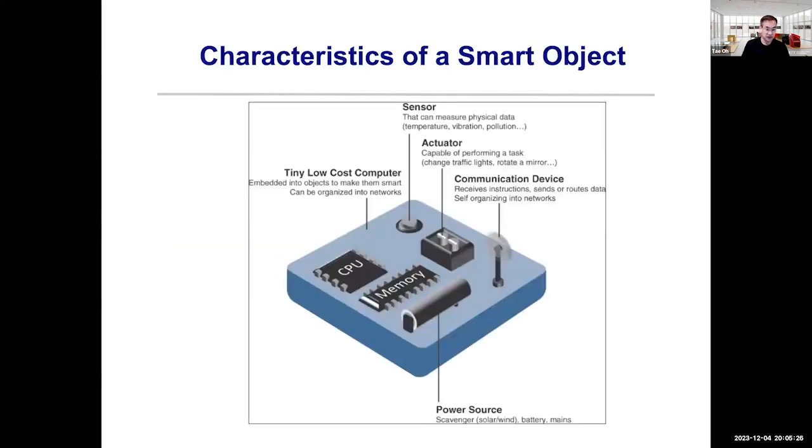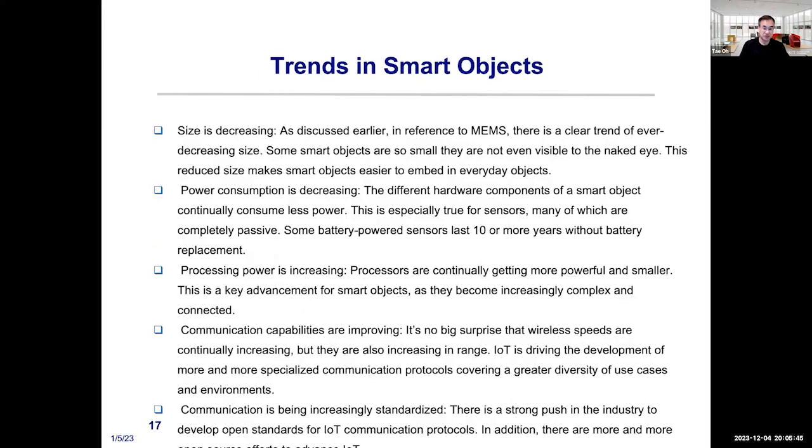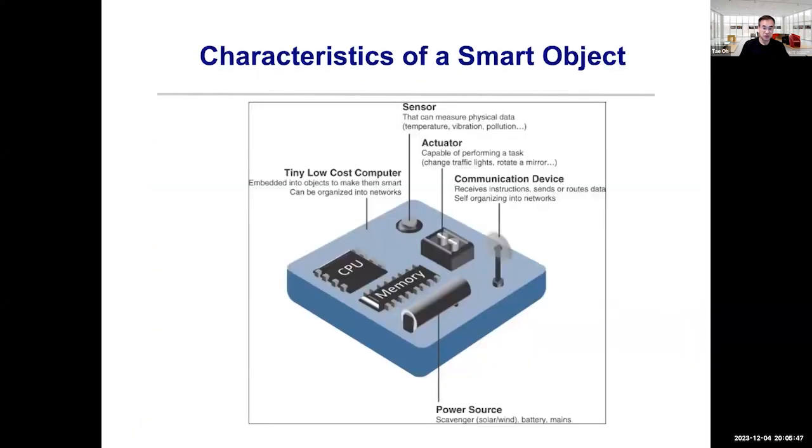Okay. So when you look at the characteristics of a smart sensor, typically what a smart sensor has is this. It has a CPU, memory, power source like I indicated, communication device, actuator, and sensor. So it's the current trend of smart objects, basically. So what are these?